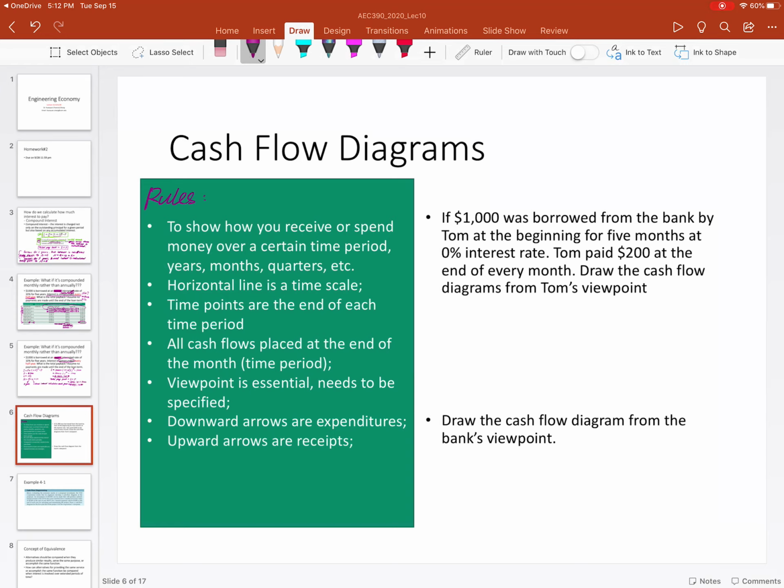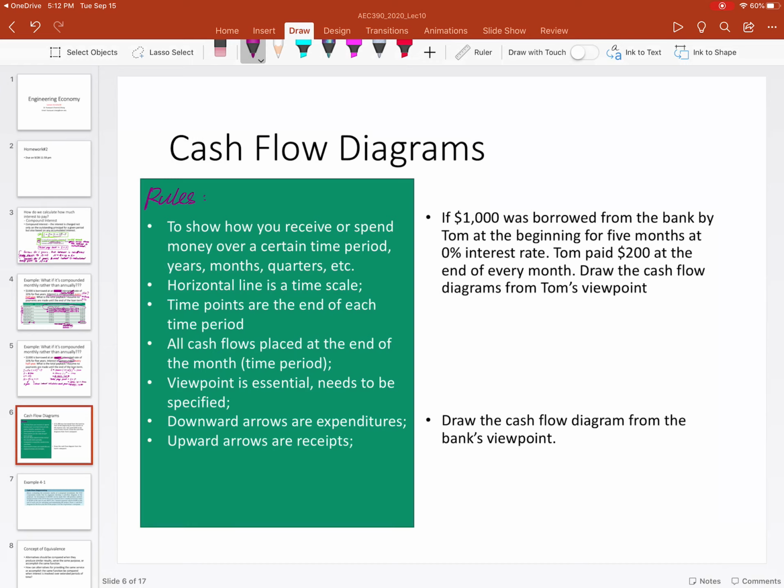So if the problem statement said the interest is calculated every year, then on your timeline you have year 0, first year, 2nd year, 3rd year, 4th year, and so on. If the problem statement said the interest is calculated every month, then on the timeline your periods will be 0 months, 1 month, 2 months, 3 months, 4 months, and so on.